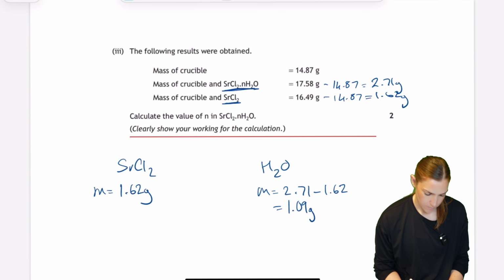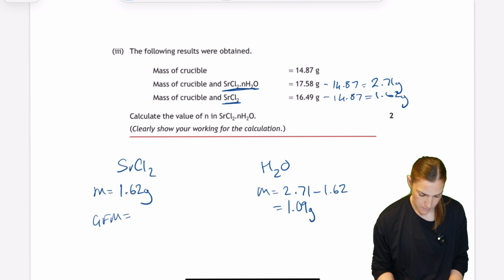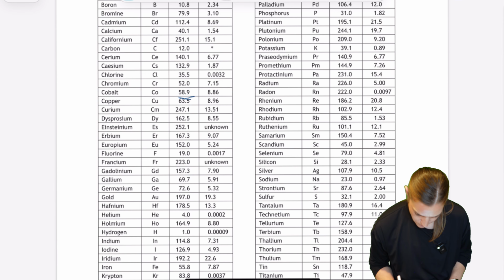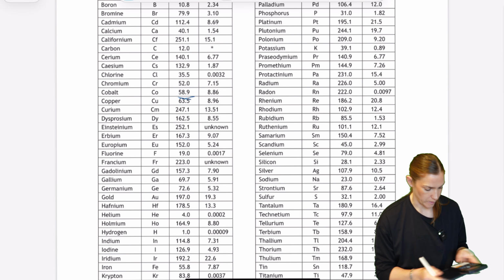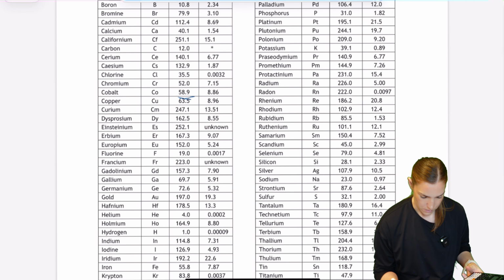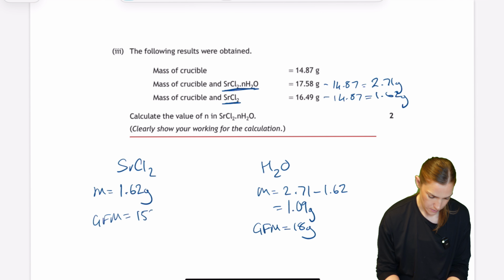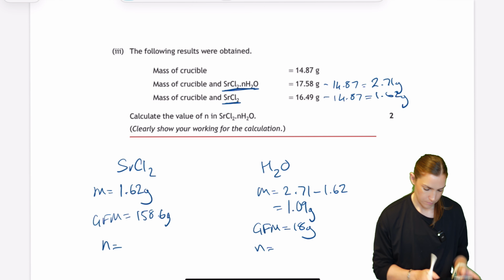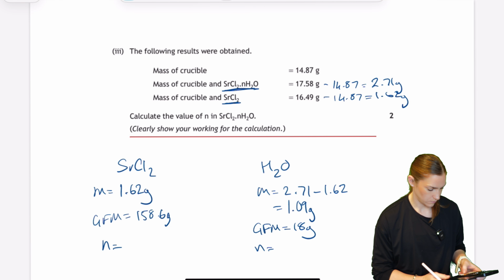We've got our GFMs, which we can work out all the time. So then strontium is 87.6 and chlorine is 35.5. 158.6 for that one. So then we can work out our numbers of moles.